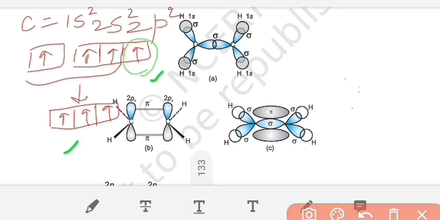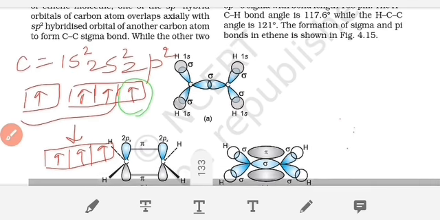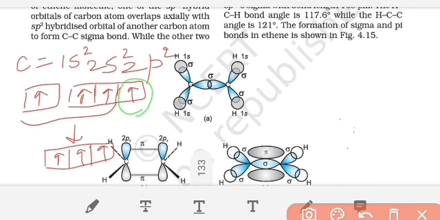These 3 hybrid orbitals orient at an angle of 120 degrees to each other, and these 3 hybrid orbitals overlap with the 1s orbital of the hydrogen atoms. One hybrid orbital from each carbon atom overlaps with the other axially and a sigma bond is formed.